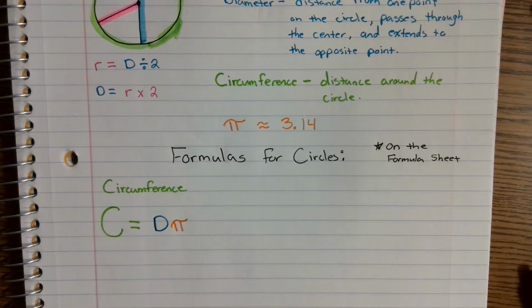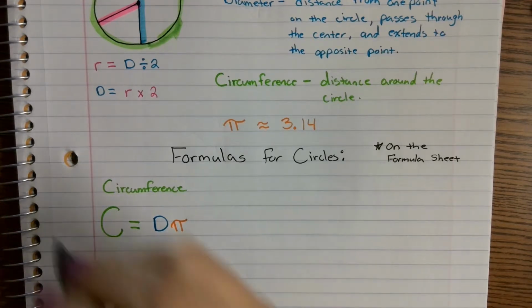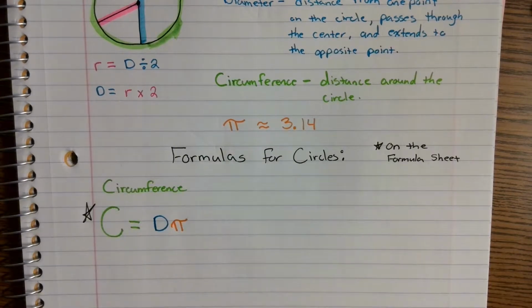That is the circumference of the circle. This formula is on your formula sheet. They will give you either radius or the diameter, or they might give you circumference and you work backwards, which we're going to talk about in a moment too.